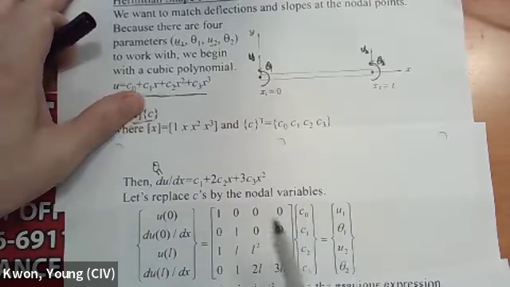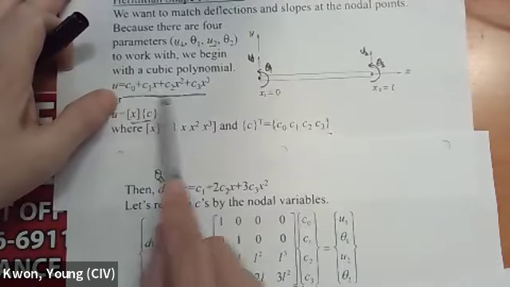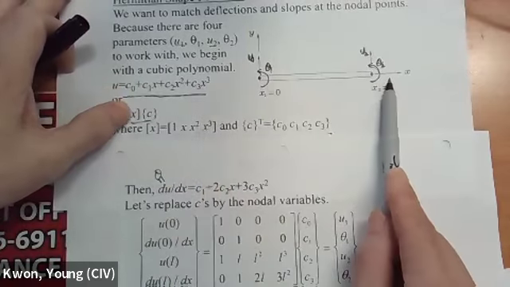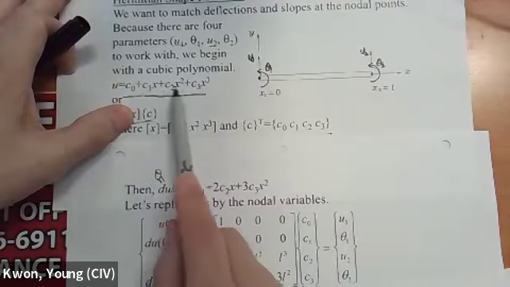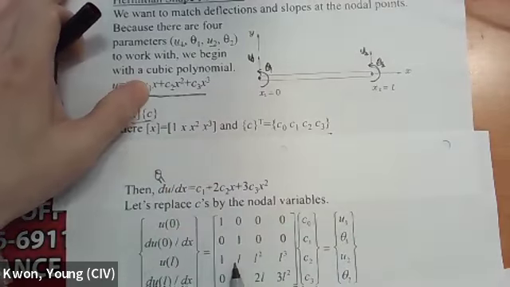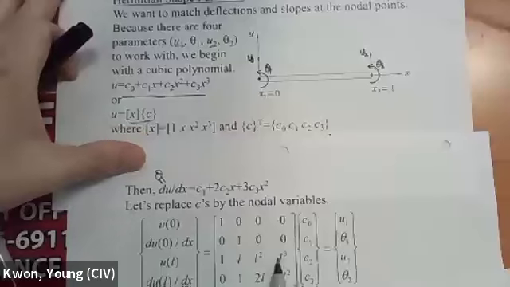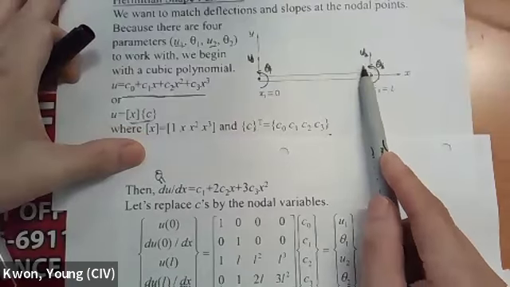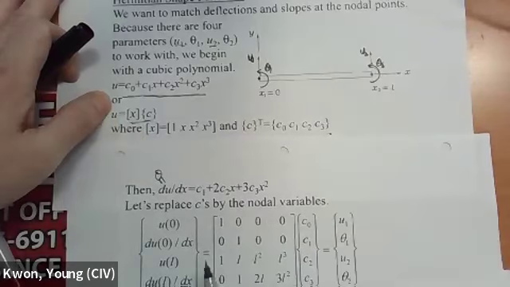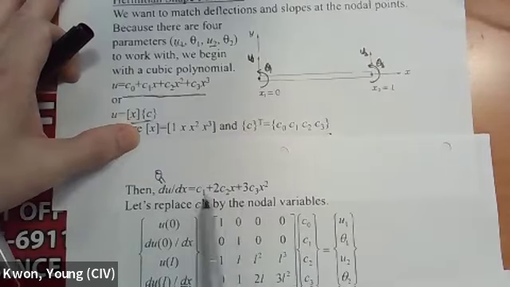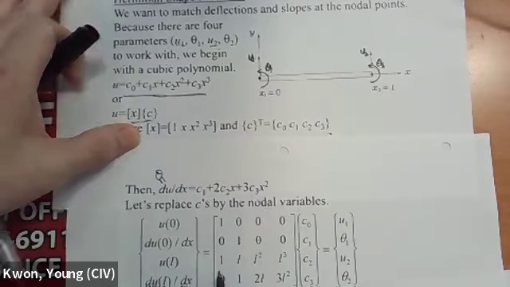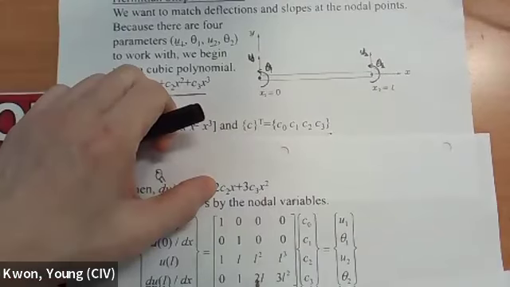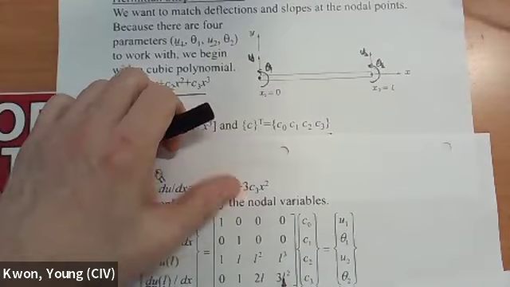Okay. And evaluate this at x equals L. Plugging in L, so L square, L cube. That's going to be the nodal variable U2. And plugging L here, so 0, 1, 2L, 3L square.